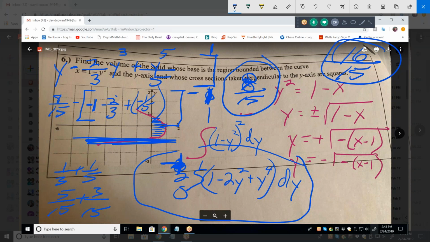This is -5/3 minus a 1/5. That's not 8/15. -5/3 minus 1/5 is going to be, that's 16/15, I think. No, 5 times this, that's -25/15 minus 3/15. You do not get the same thing. You get -28/15.